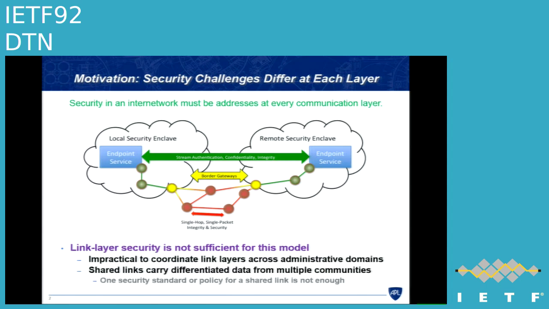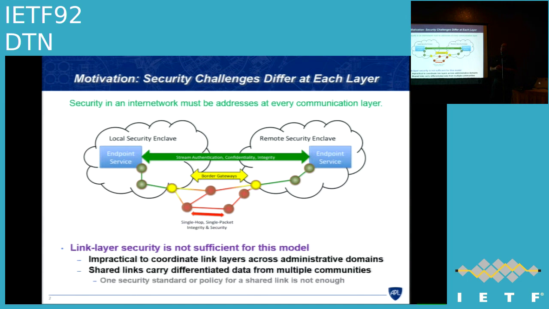This is a quite simplified picture which illustrates some of the use cases that motivated our example: how do we work at a variety of layers to secure things within our individual enclaves, and between them, understanding that security may be different between enclaves at borders, and there may be nodes where we don't have any trust model whatsoever.